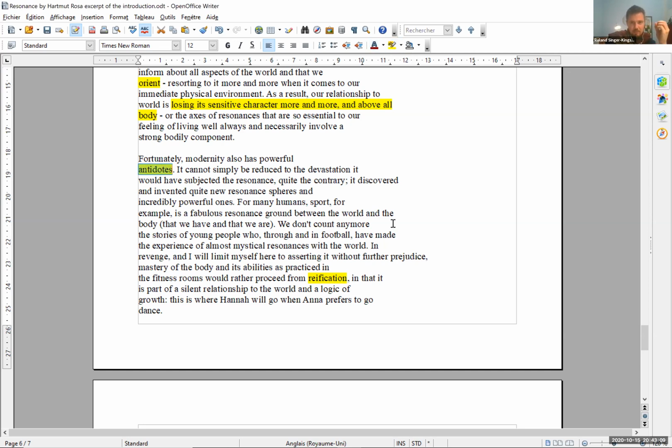There's something different between those two acts, and one of them is about the ultimately hollow desire to improve oneself by being fitter or being stronger or more toned, and the other is about a kind of authentic connection and a more meaningful, vibrant connection to the world, which in this case he's using the example of dancing and football.